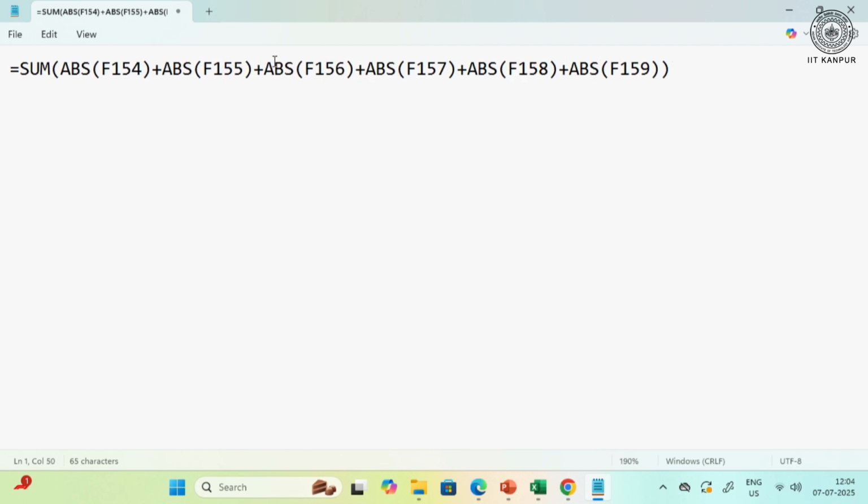So, we will go to 176. 159 value is there, plus 160 value is there, 161. So, I have to keep adding till 176.